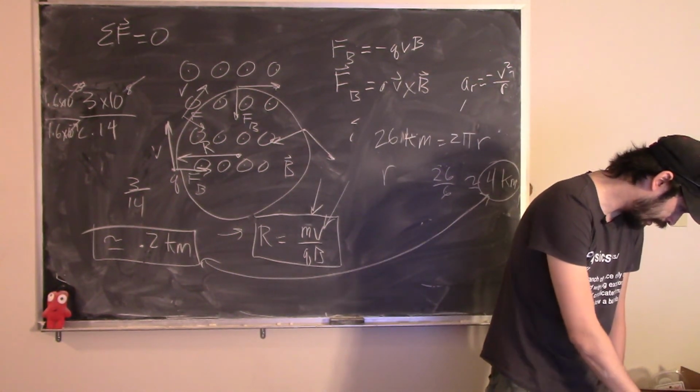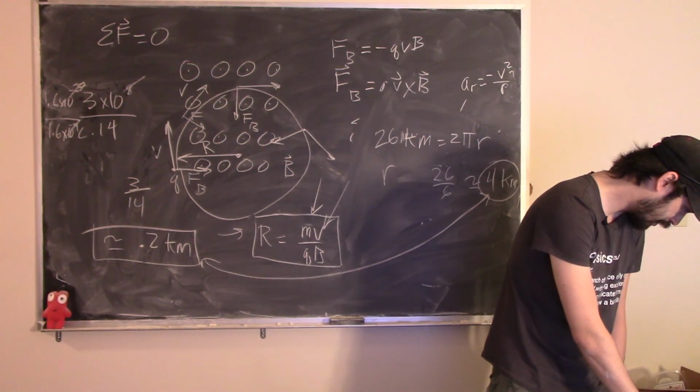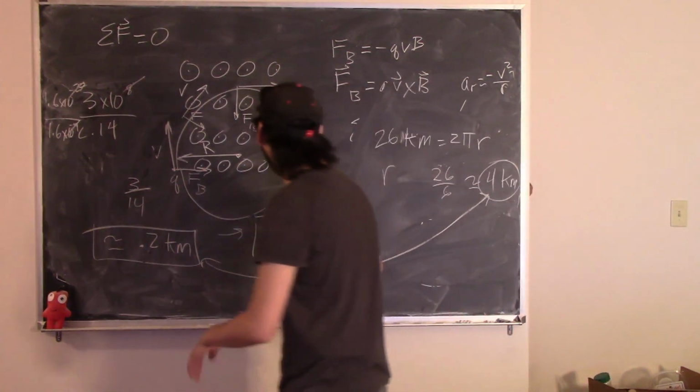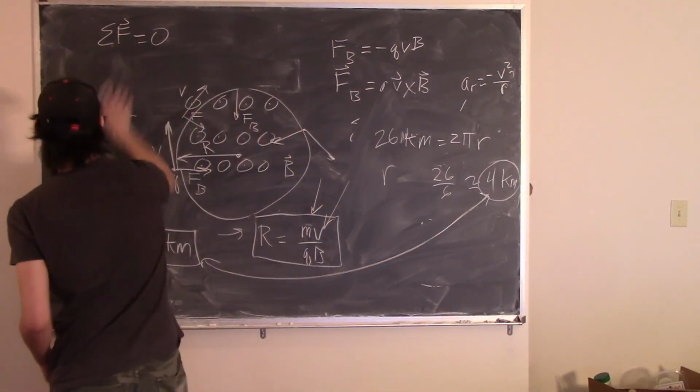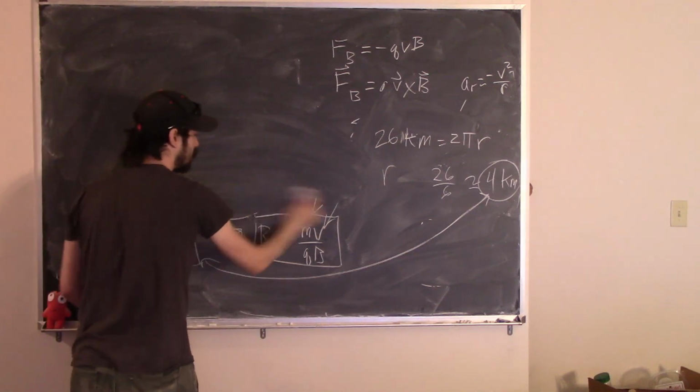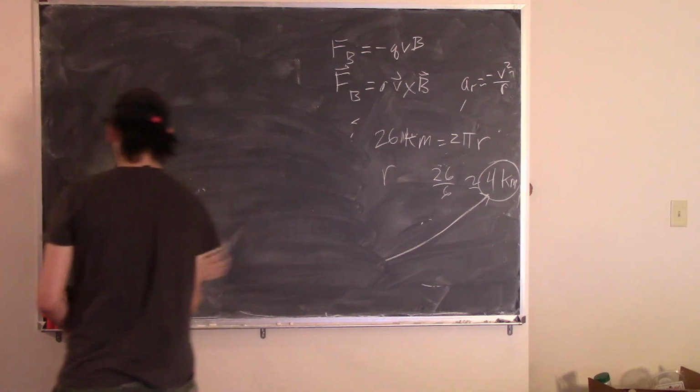Okay, so let's see. The next question is going to be getting into what we're going to be getting a lot of practice with tomorrow in recitation, and this is what's called the Biot-Savart Law.